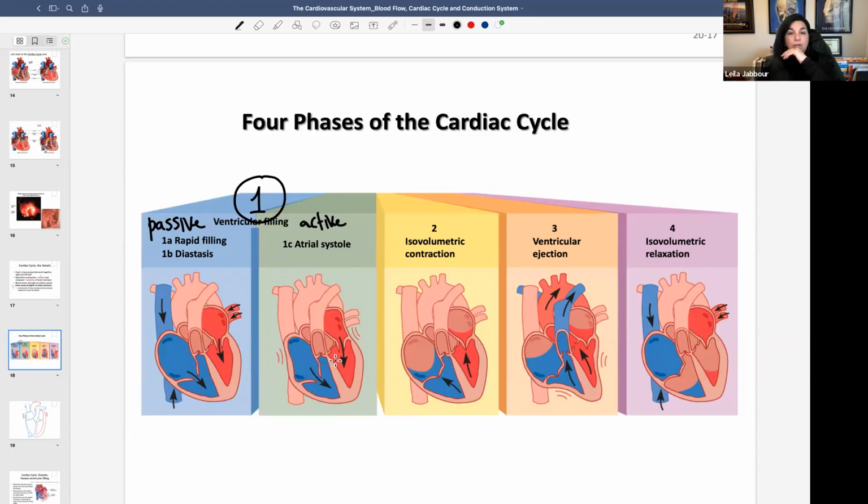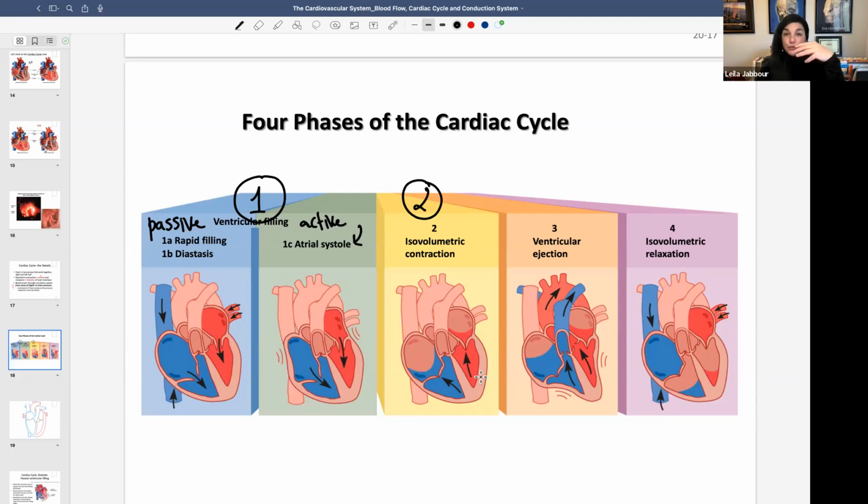That's what we're talking about. When the atria finally decide, okay, we were able to get as much blood downwards, and now it's time to squeeze just to make sure everything is down there. So there is what we call atrial systole, squeezing of the atria to allow as much blood as possible into the ventricles. So then the next phase, number 2 here, is called the isovolumetric contraction.